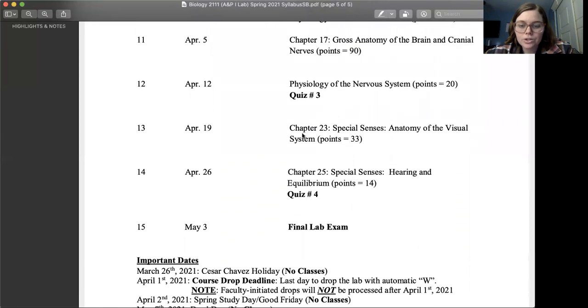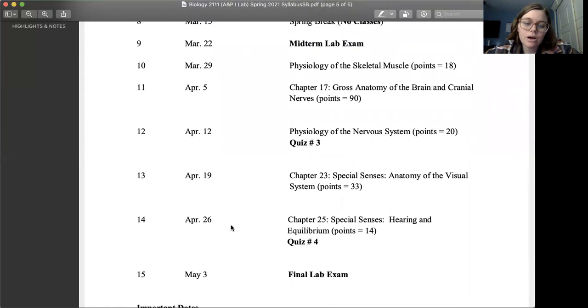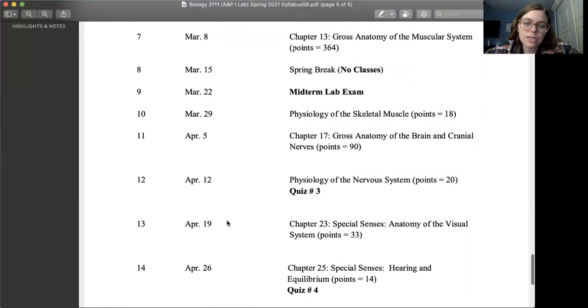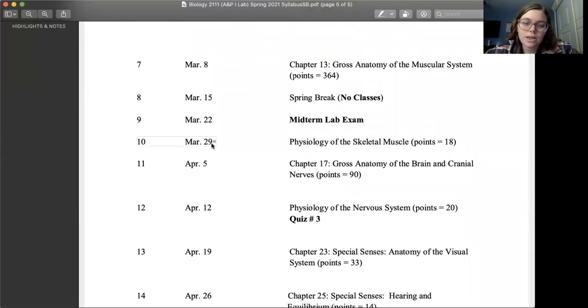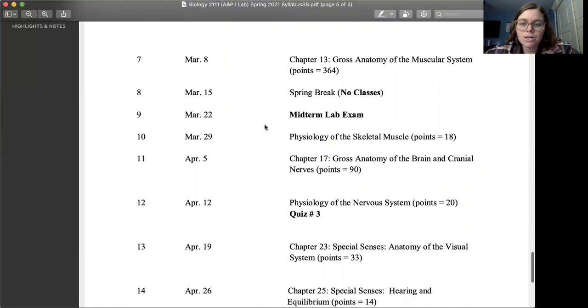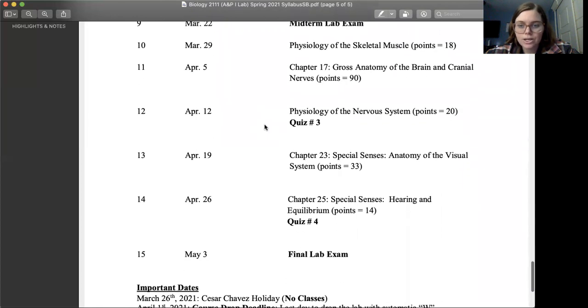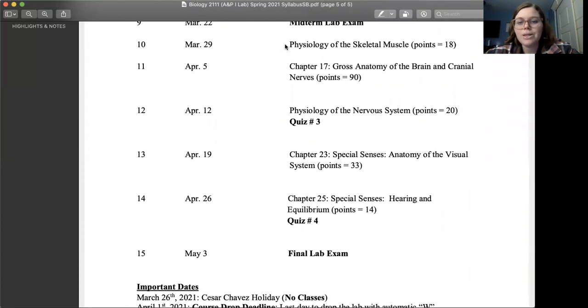And we get to the 4th quiz, which will go over the last 2 chapters, and then we go over the final. I want to note that the final will only go over what we went over from April 26th all the way to the 29th. Everything before the midterm, I won't test you again for the final. So it'll be almost like a second midterm. It'll just go over the second half of the course.